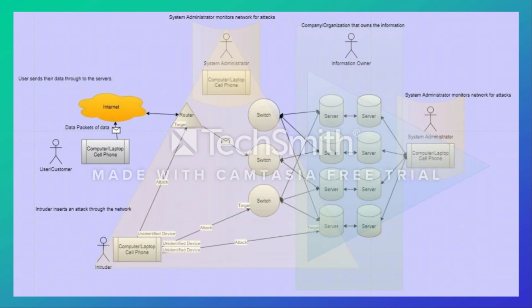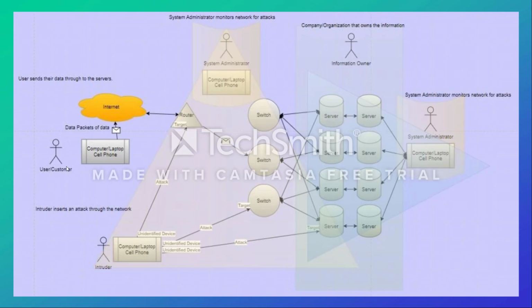This graph represents a top-down look at my project's primary end goal. As you can see, we have a user, a system administrator, the information holder, and the intruder who attempts to intrude through the network.